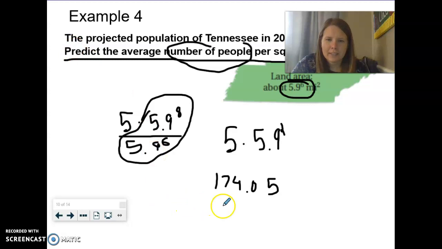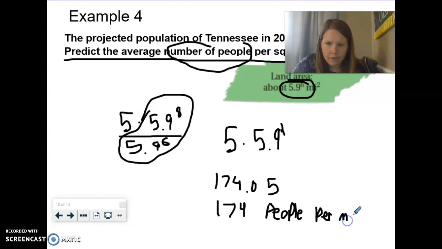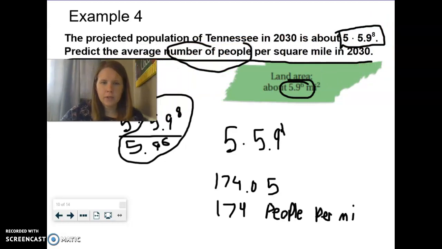So what I'm going to predict this is, I'm going to say about 174 people per mile. Okay. So that's how I solve this one.